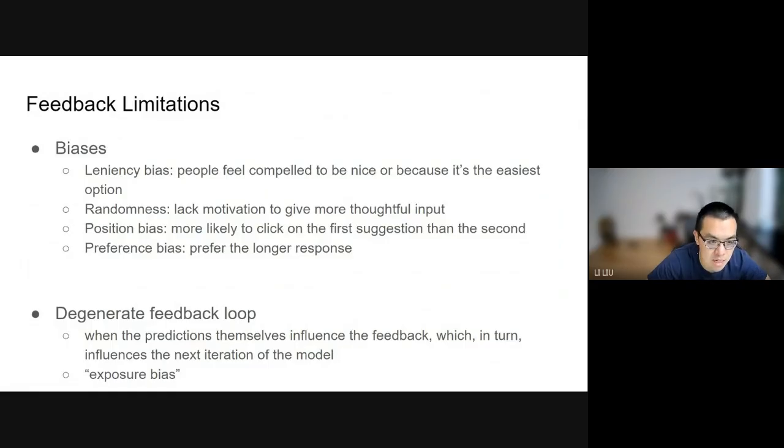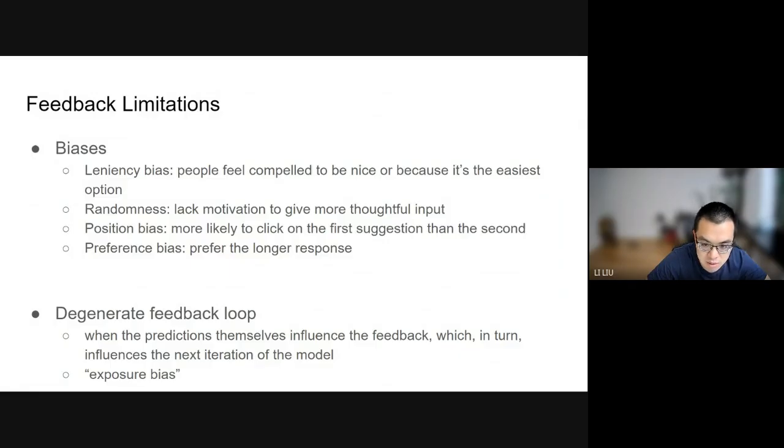There are also some limitations when looking at the feedback data. Bias. There are different types of bias from human psychology. First, leniency bias, where people are more compelled to be nice because it's the easiest option. So if you want the user to be more critical, you should think about ways to alleviate this bias.